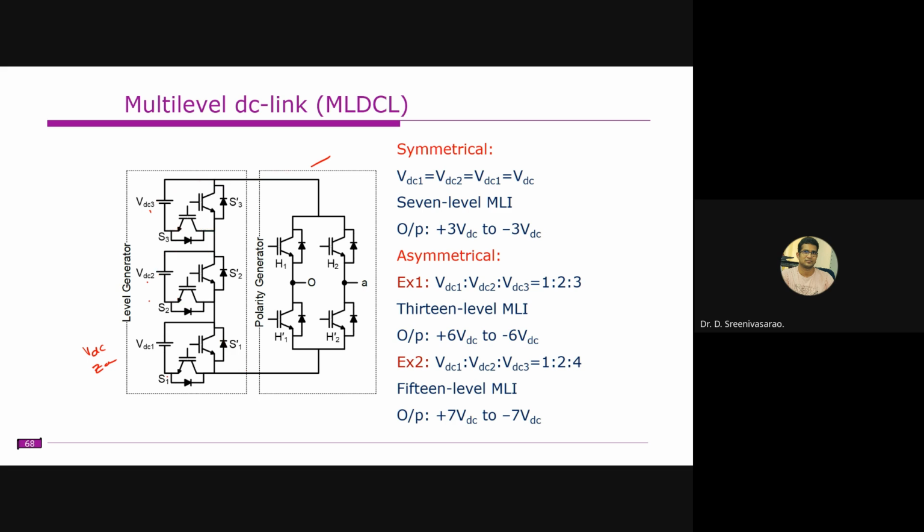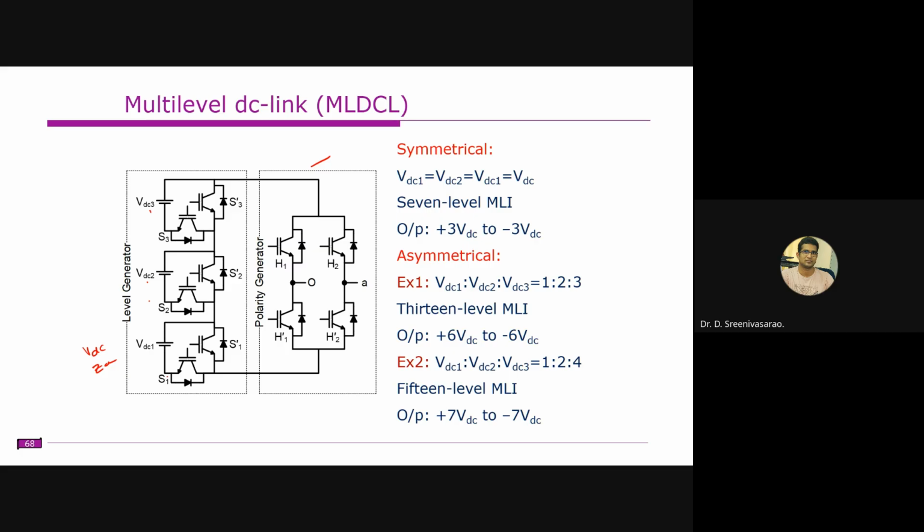You can bypass anything, as you have paths. You can bypass the middle one, or else the last one. Likewise, now you can get only 2 VDC voltage. If it is just VDC voltage, you can bypass these two things.